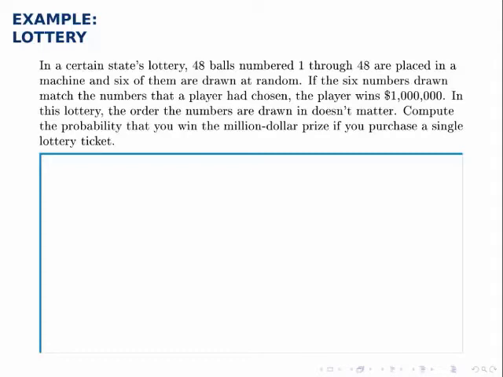So, the fact that the order doesn't matter is significant. That means that this is a combination problem. What we're looking for is the number of ways that you could draw 6 different numbers from 1 through 48. So, the number of ways that we can select 6 out of 48 numbers using combinations.